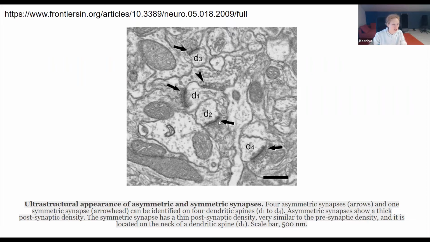So there you can see some synapses, some parts of the somas, some parts of axons. They are really mixed, and it's hard to distinguish separate cells and their forms and how they are connected.